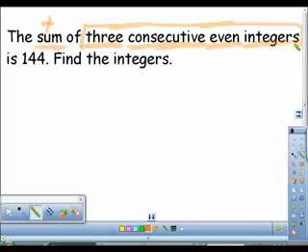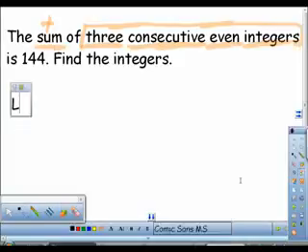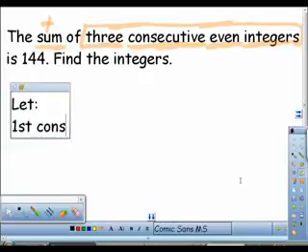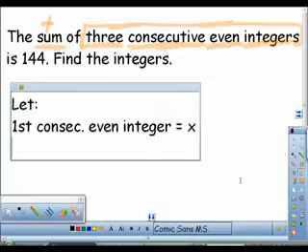So I'm going to start out and write down that pattern. I'm going to let my first consecutive even integer be x.